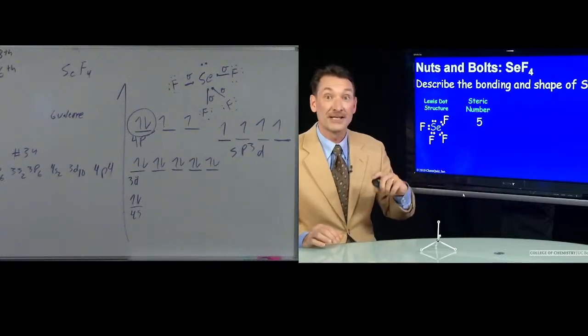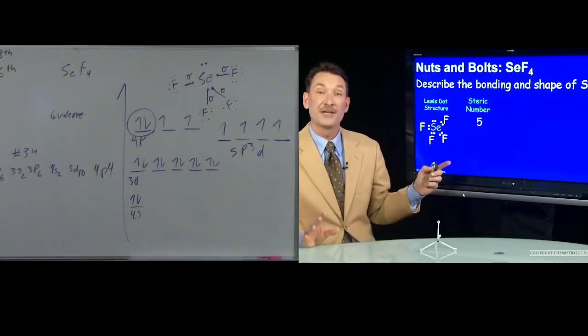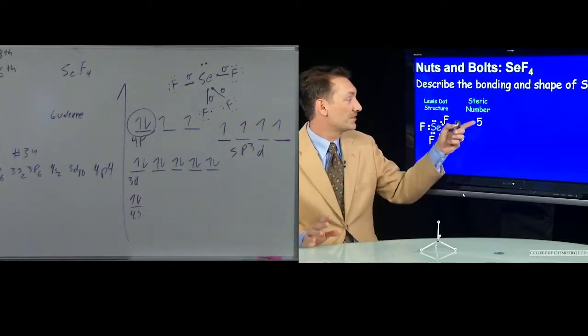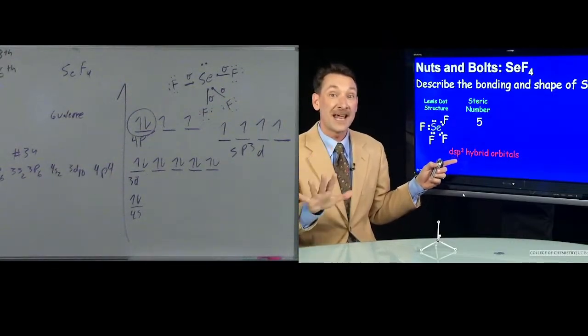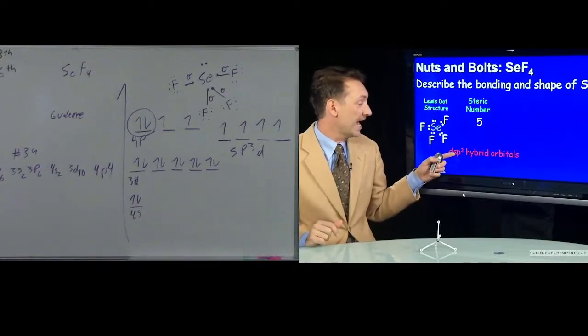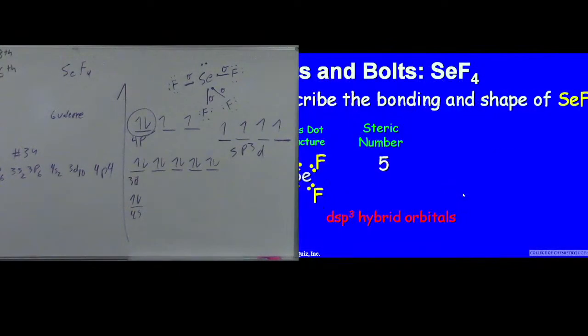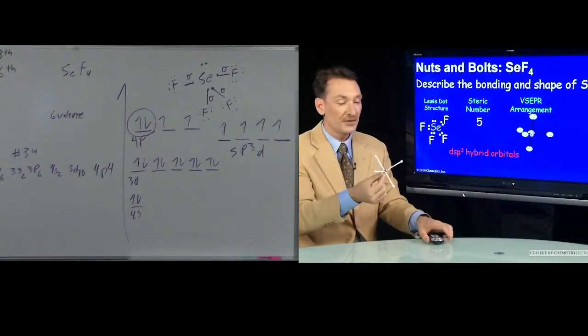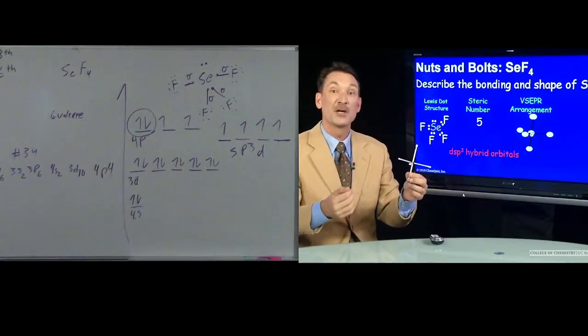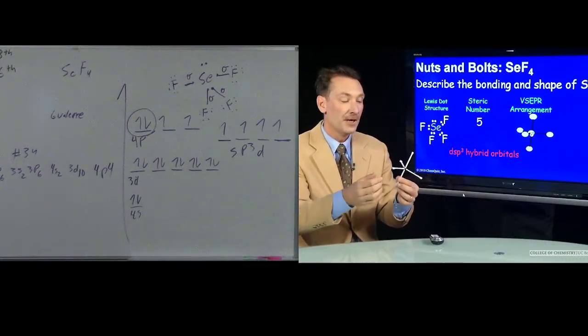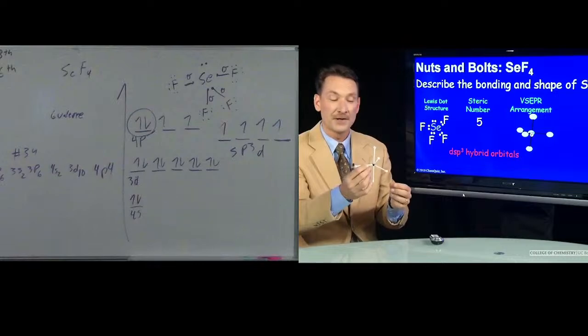Once I have the steric number, I can get to the geometry. It also gives me the hybridization. So steric number 5 means I'm going to use 5 equivalent hybrid orbitals. They're going to come from the 5 standard atomic orbitals, d, s, and 3 p's. The VSEPR arrangement for 5 things is trigonal bipyramidal. It looks like this. But when we go to the molecular shape, we ignore electron pairs.